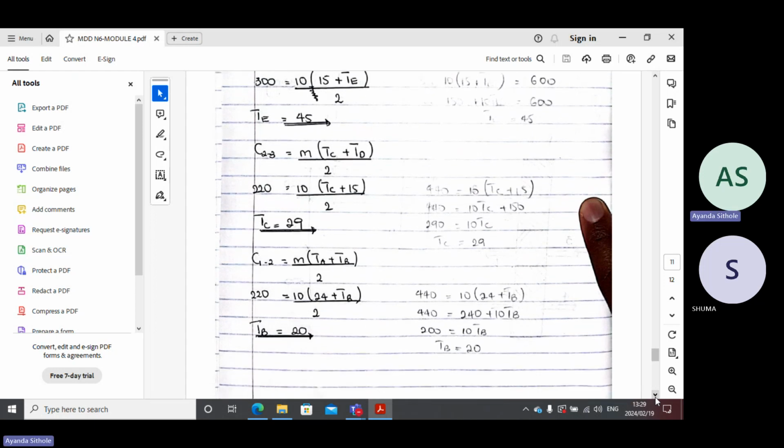On this textbook there were so many errors. So we substitute the values of the center distance, which is 220, and the module, then we calculate for TB.